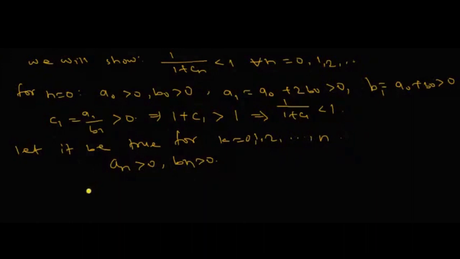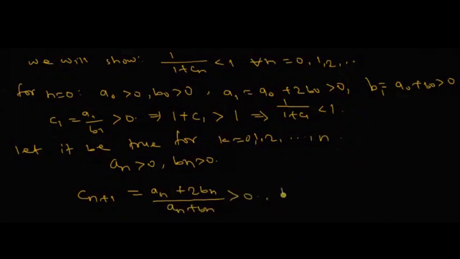Then cn plus 1 is equal to, we have been given, an plus 2bn by an plus bn. So this is positive, so this is positive.